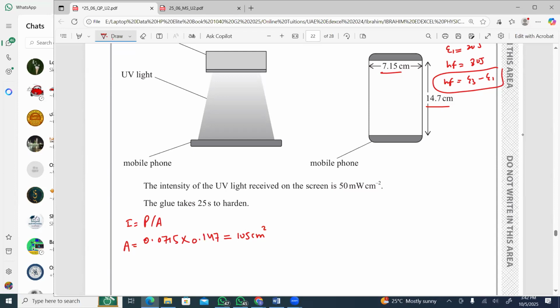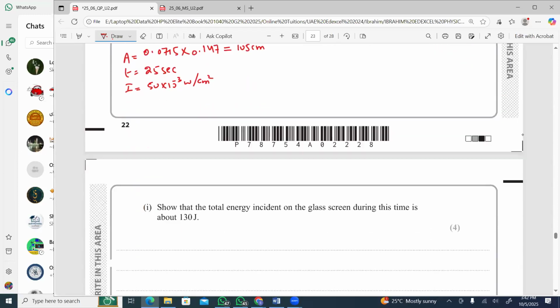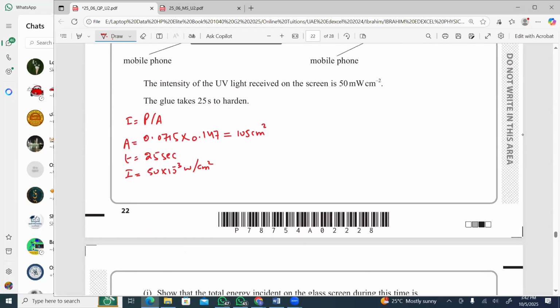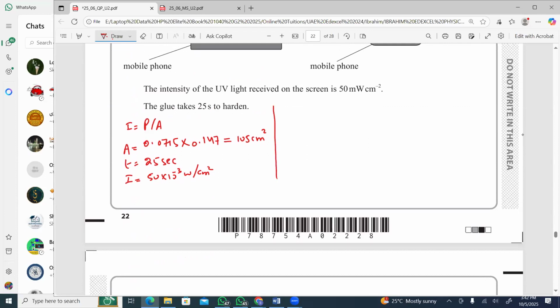And the time is 25 seconds. The intensity I is 50 times 10 to the power minus 3, because it's milliwatt, so it's watt per centimeter squared. Now they're asking us to show the total energy, so we need to calculate it.